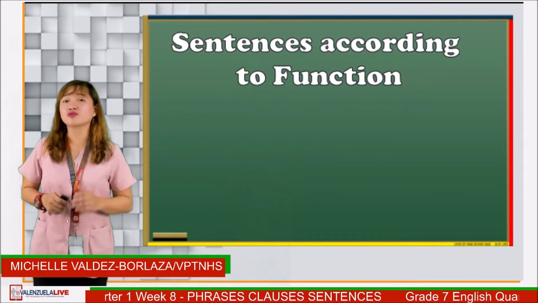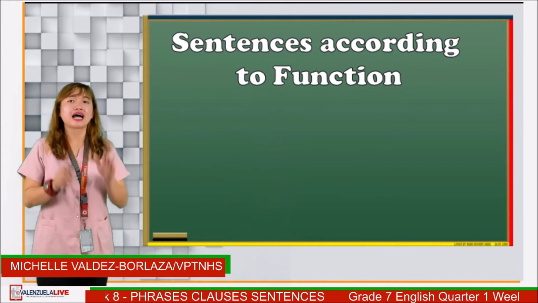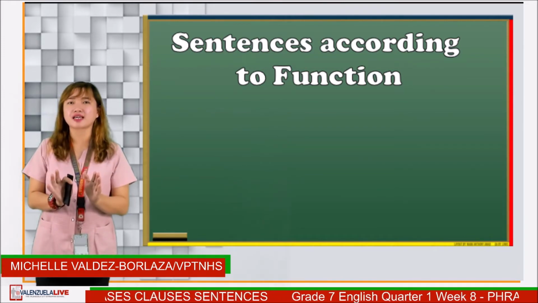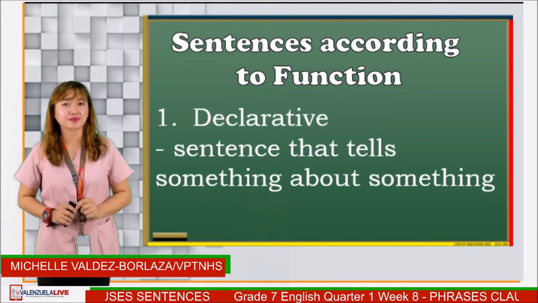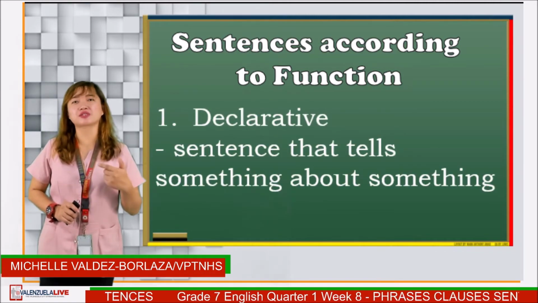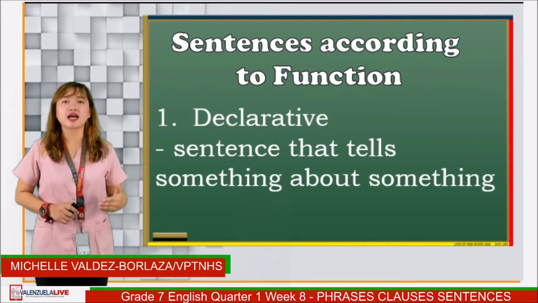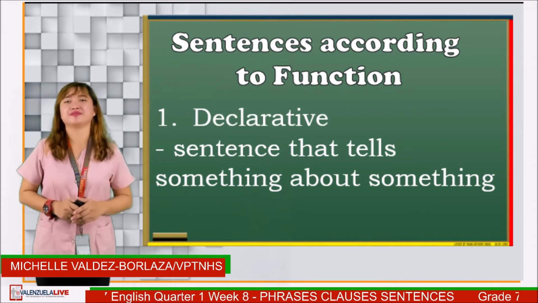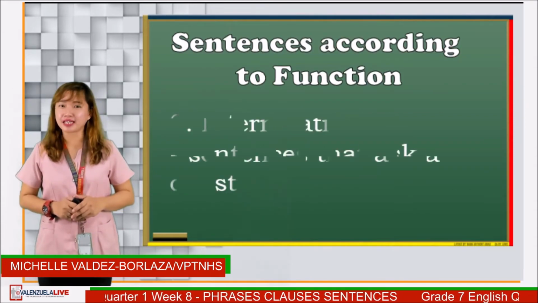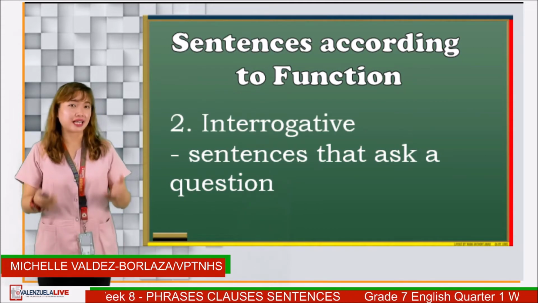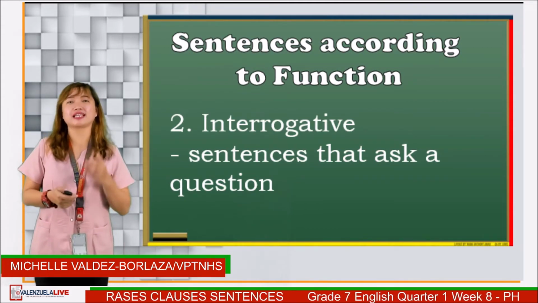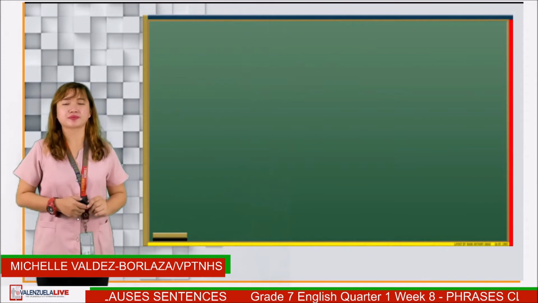When it comes to function of sentence, a sentence can be declarative, meaning a sentence that expresses or tells something about something. It can be interrogative, a sentence that asks questions and ends with a question mark.